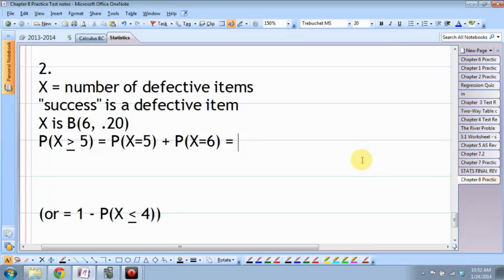So 0.0016. And then we'll do the other one.